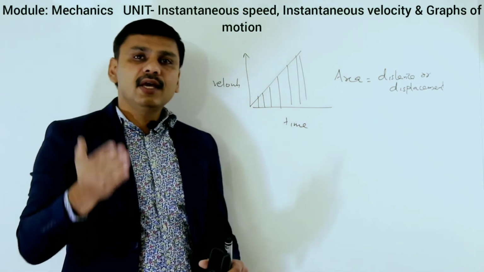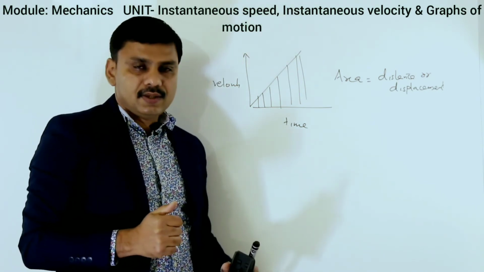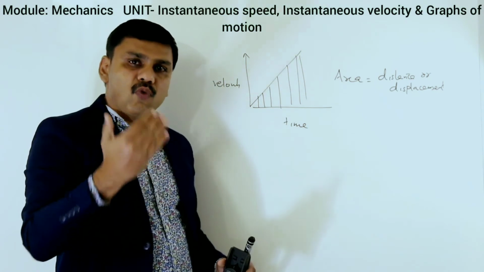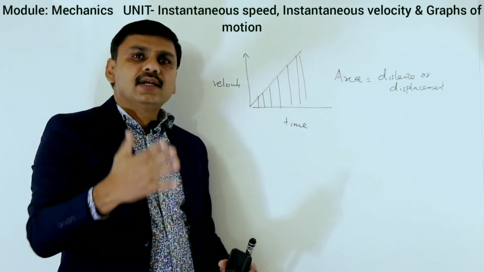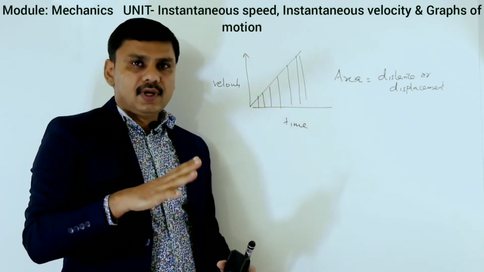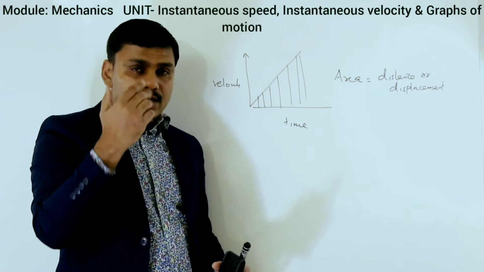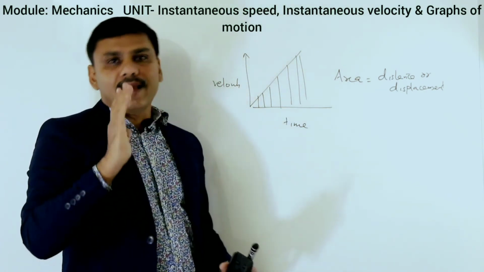But if you take the area of a velocity time graph, you will get distance or displacement. So area gives the previous quantity of y. You check the y axis and take the previous quantity. And gradient means the next quantity of y. If it is velocity, the next quantity is acceleration.